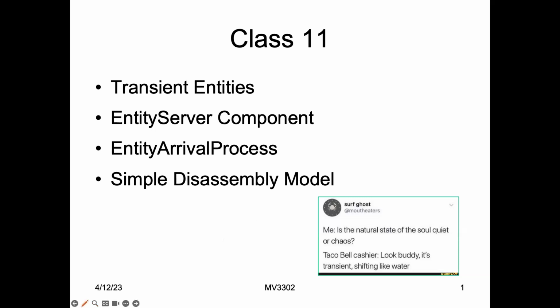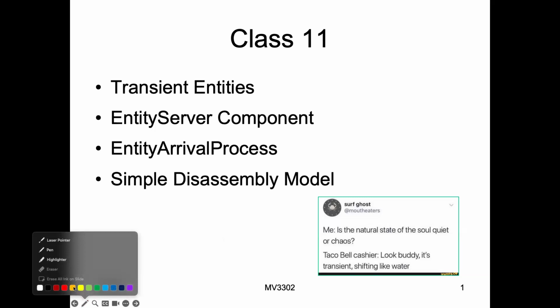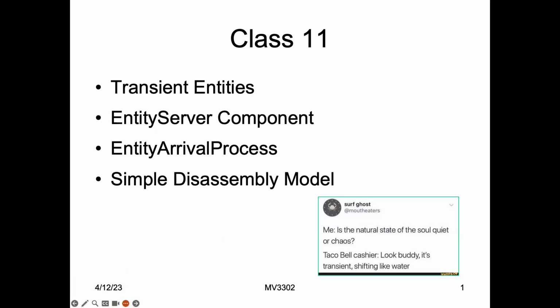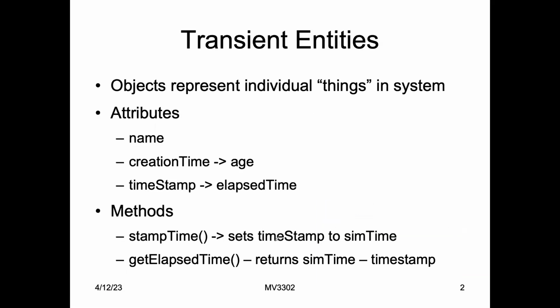Okay. So these are transient entities. And okay, what is so transient about them? Well, they're entities, objects. So they're going to represent the things in the system, like the customers. They might be a part in the queue.